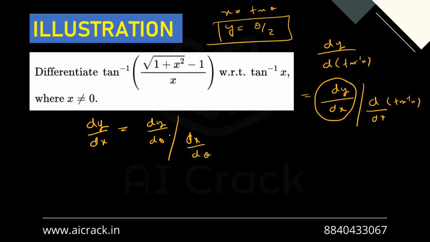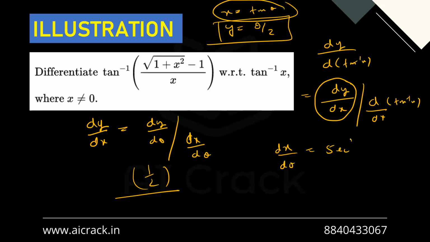Now dy by d theta can be calculated from here. That comes out to be 1 by 2, right? Whole divided by dx by d theta. Dx by d theta comes from here. That comes out to be sec square theta, right? Now x equals tan theta. So sec square theta would be 1 plus tan square theta. That is 1 plus x square. Okay. So this comes out to be 1 plus x square.